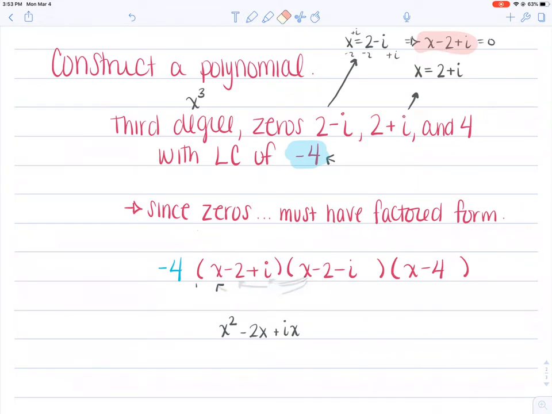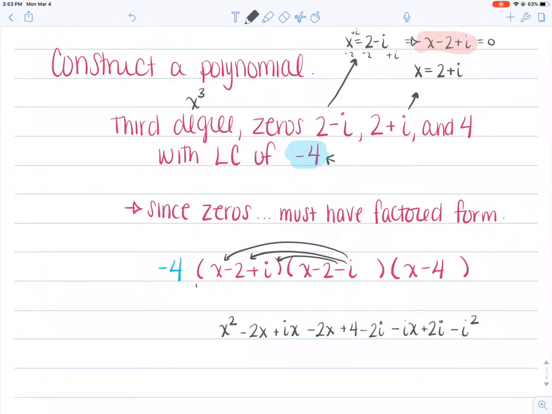Now I distributed the x, so the second part I'm going to distribute the negative 2. So we've got negative 2 times x, negative 2x, negative 2 times negative 2, positive 4, and negative 2 times i, negative 2i. Now I'm going to do it again with the negative i. Negative i times x, negative ix, negative i times negative 2, positive 2i, and negative i times positive i, negative i squared.